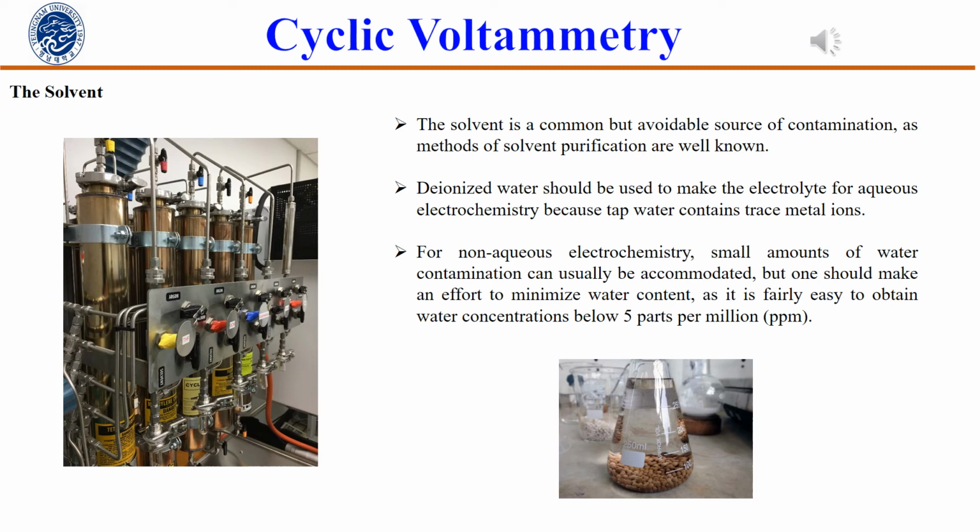It should be stable toward oxidation and reduction in the potential range of the experiment. It does not lead to deleterious reactions with the analyte or supporting electrolyte. It can be purified.